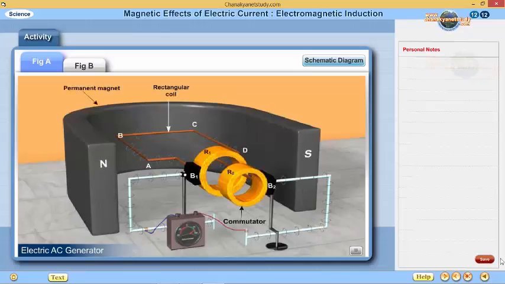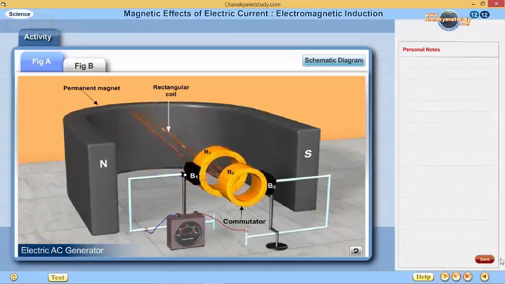Activity. Compare the figures showing the construction of an electric AC generator and an electric DC generator with respect to the components used. Electric AC generator and electric DC generator.